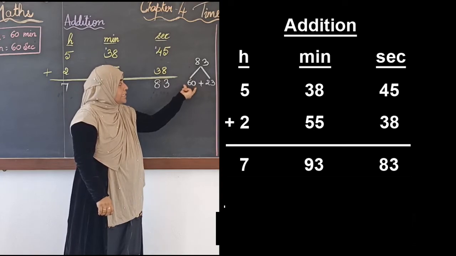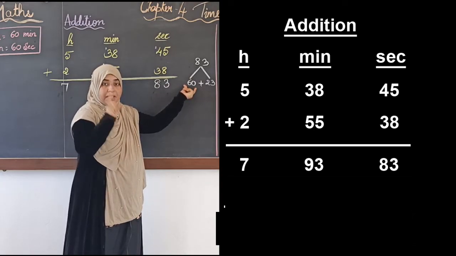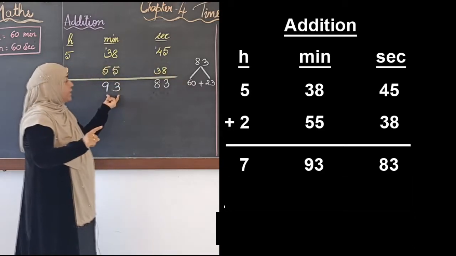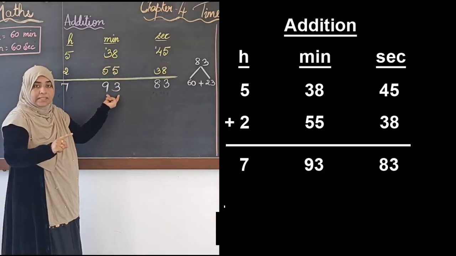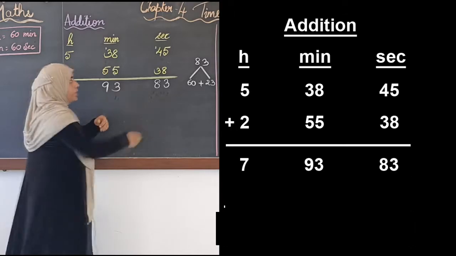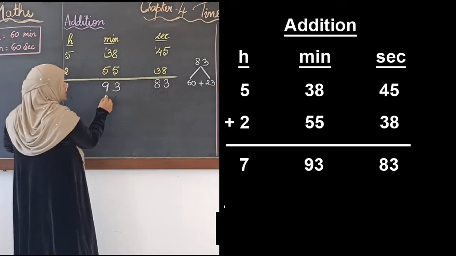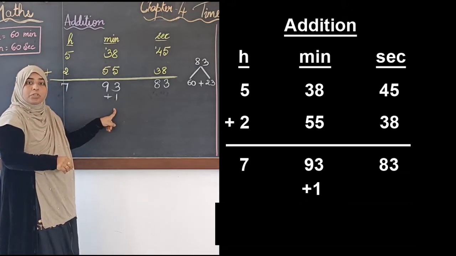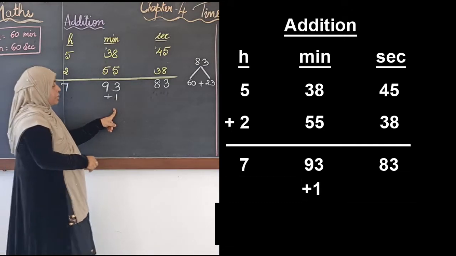Now this 60 seconds means 1 minute, right? So this 1 minute we will carry forward to the minutes section. When we take this 60 over here, we are adding 1 minute more to the minutes.